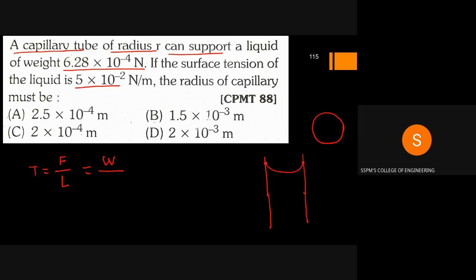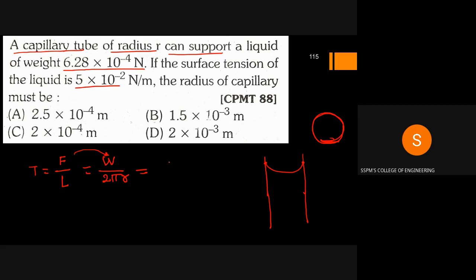At this point the surface tension will act, and the force because of the surface tension will act on the complete periphery. So length is equal to 2 pi r. F upon L is the surface tension.